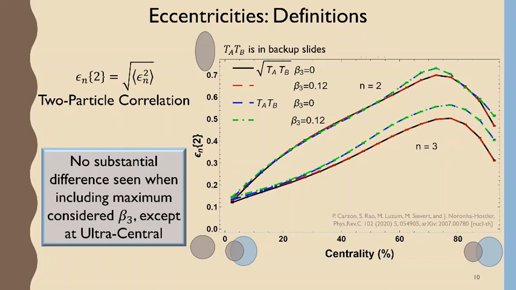And you see that across most centrality classes, there is almost no visible effect from this beta 3 parameter, although you can start to see some differences appearing at the most central points. And that's where we want to look.